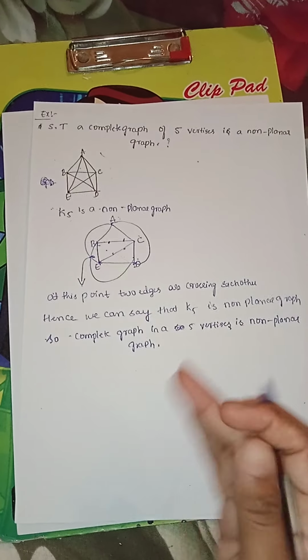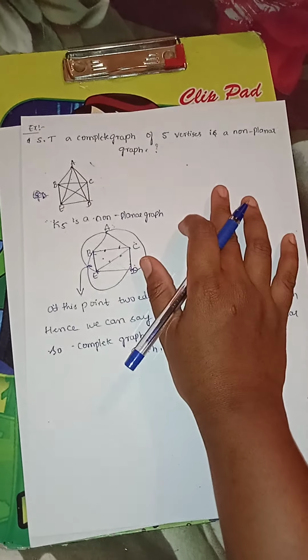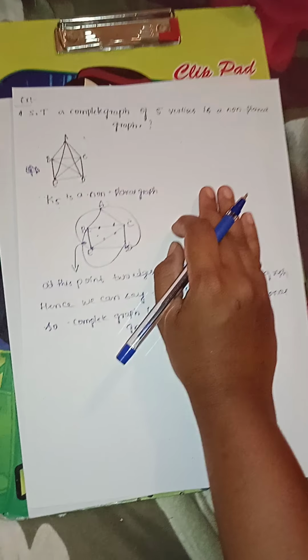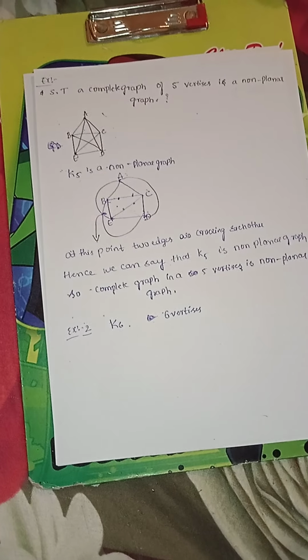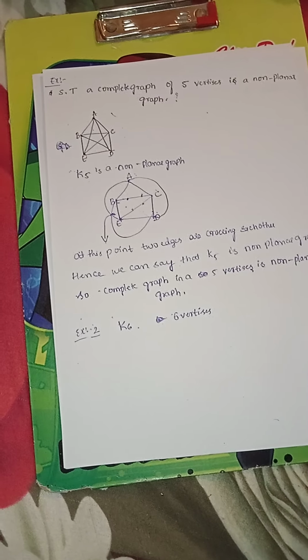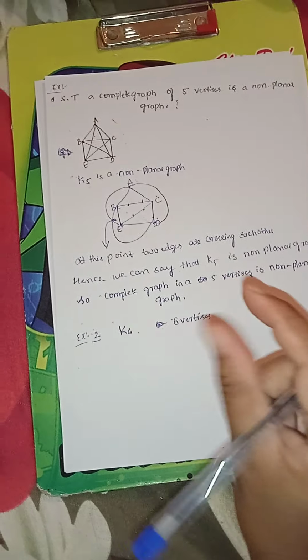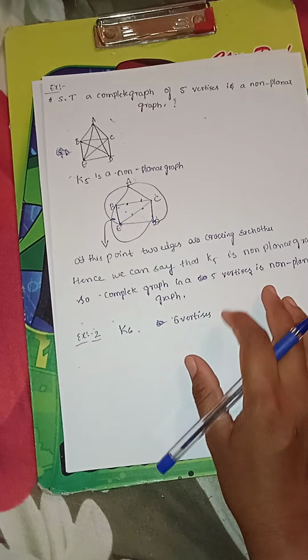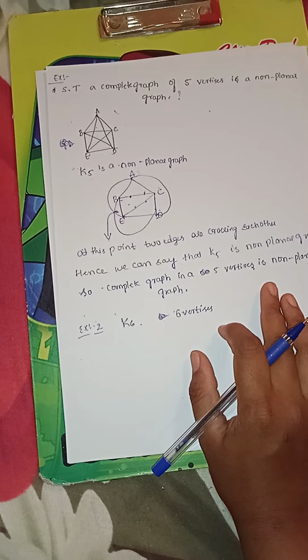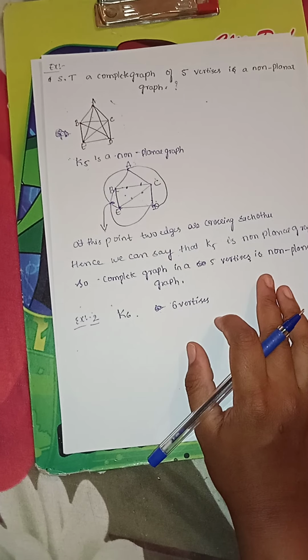If we consider 6 vertices, is it a planar graph or a non-planar graph? Thus K6, K5 and K4 are non-planar. In fact, any graph which contains a topological embedding of a non-planar graph is a non-planar graph.